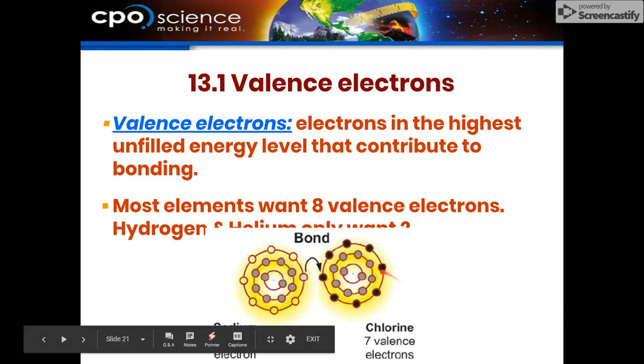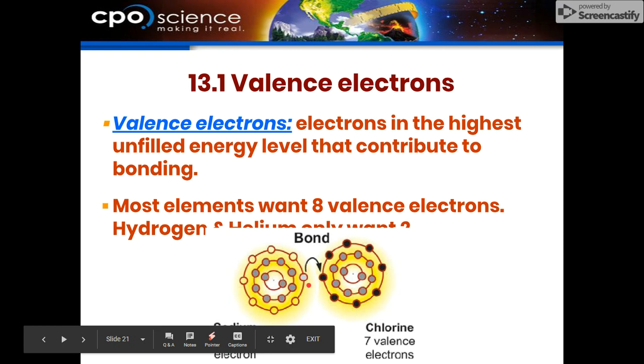Okay, so if we look at this picture here, we have sodium. Sodium typically has 11 electrons, 2 in the first, 8 in the second, and that leaves 1 left over in the third. That means sodium has 1 valence electron, 1 electron in its outer shell that contributes to bonding.